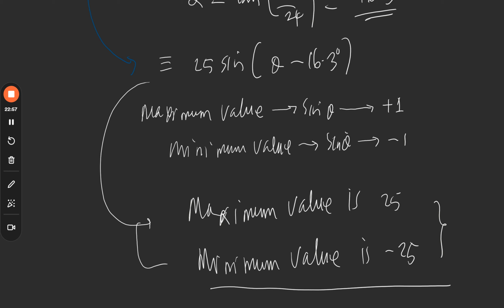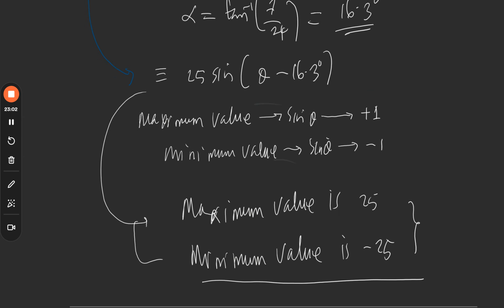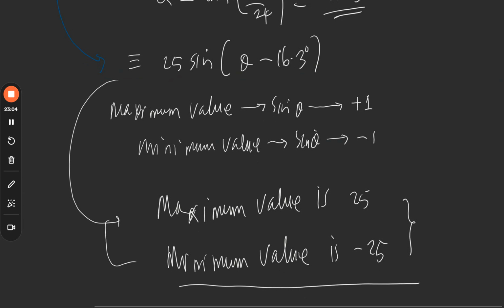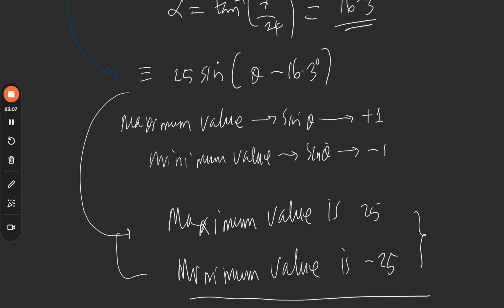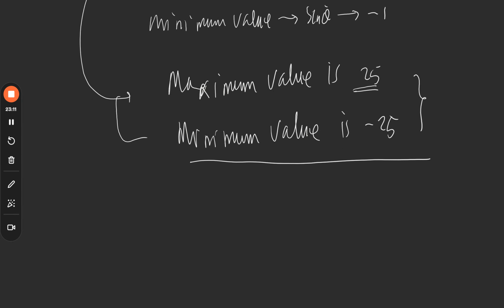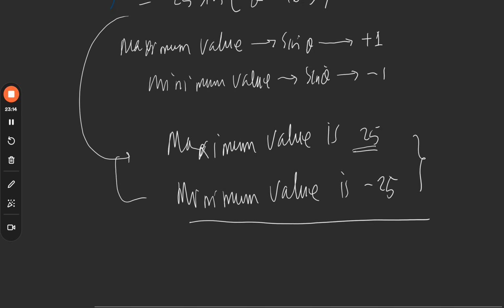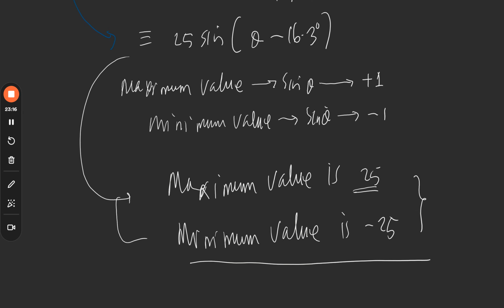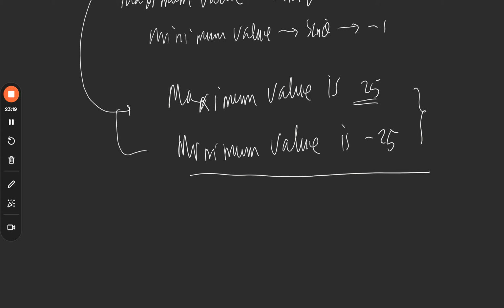And you can find the value of angles in which we have maximum or minimum values. So I'll do this question using this perspective. Now, if the maximum value is 25, which angle theta will give us actually 25? So I'll be taking sine of theta minus 16.3 degrees equal to 1.